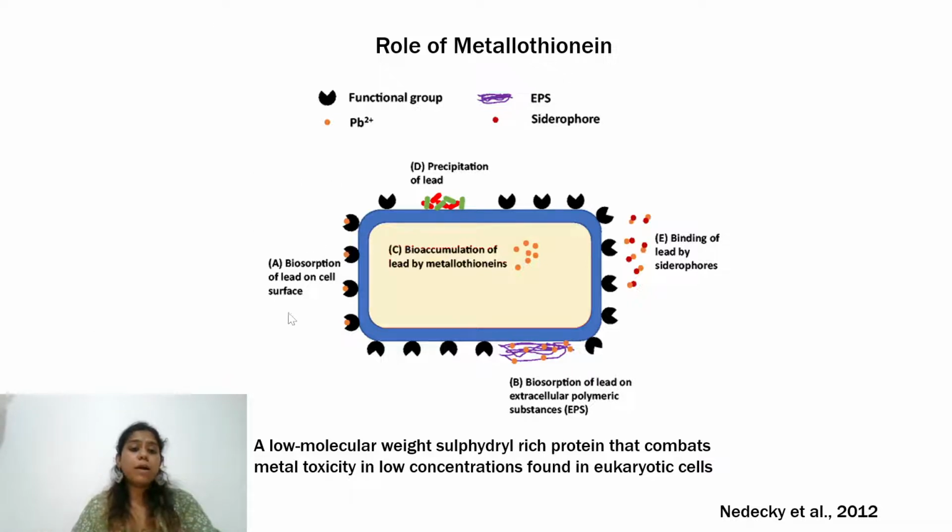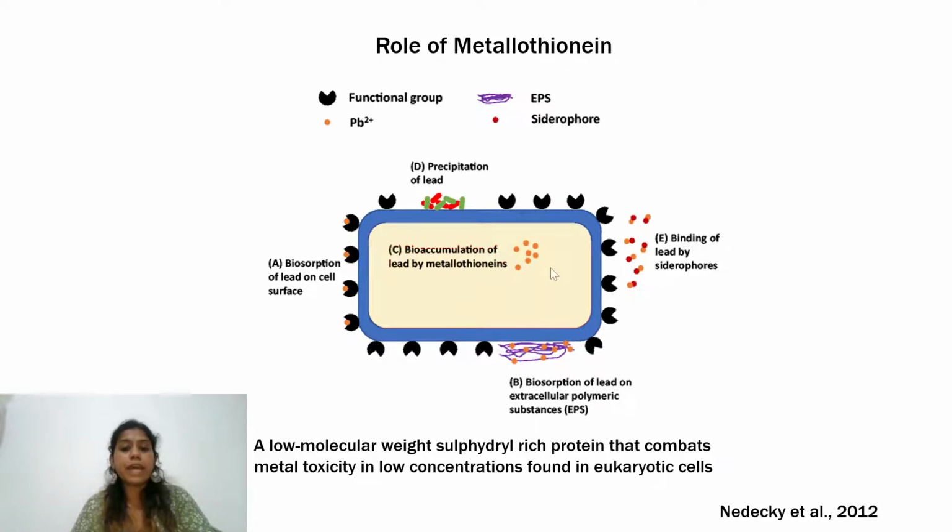The metal ions are basically absorbed onto the surface of the cell, and from here it leads to intake of those components, bioabsorption of lead on extracellular polymeric substances. So these are the extracellular polymeric substances, EPS, and it takes the lead inside the cell, and from here it is processed inside the cell.